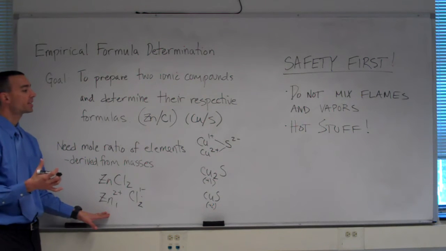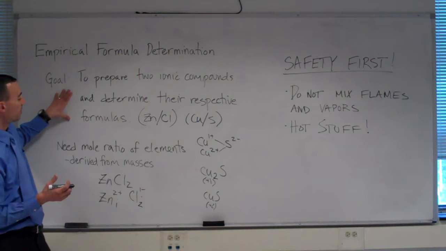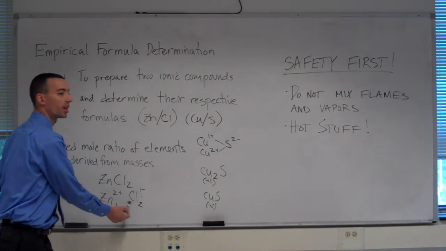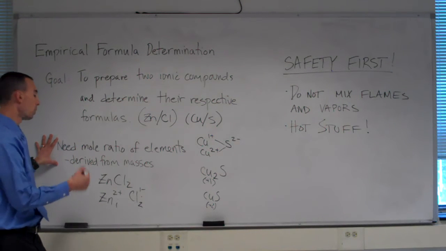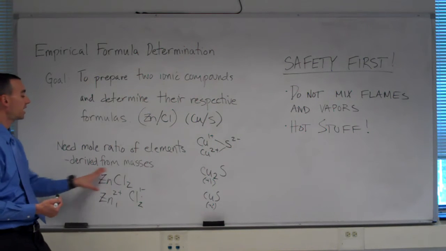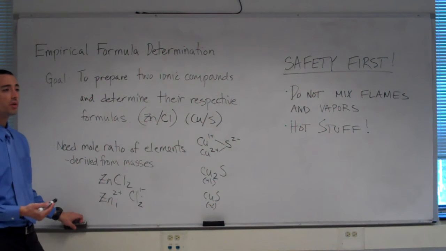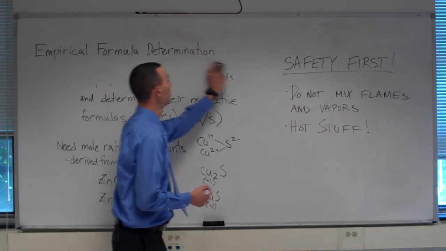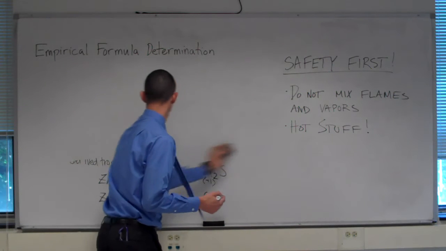So the objective of determining the formula of a compound relies on your ability to determine how many moles of each element are present in a particular sample. Those moles, though, will be derived from the masses of the elements that you have present. Let's go through the pre-lab exercises, because this week's pre-lab really does set the stage for the calculations that you'll be doing in the lab.